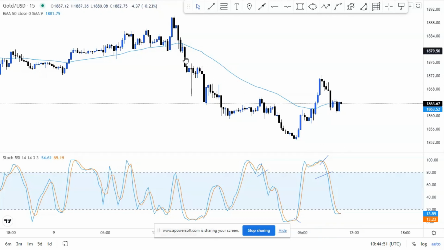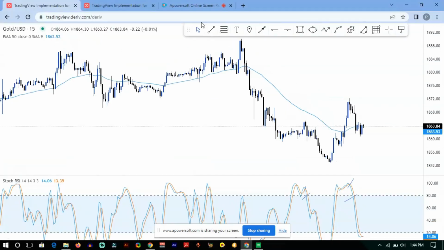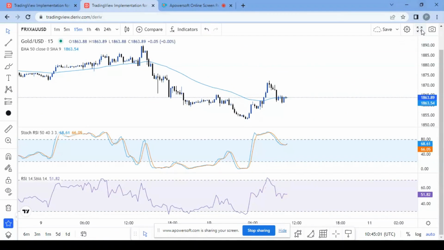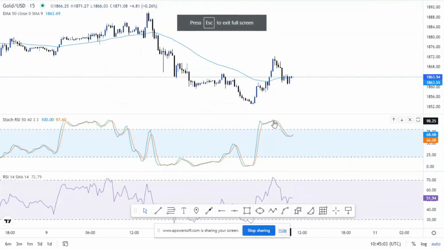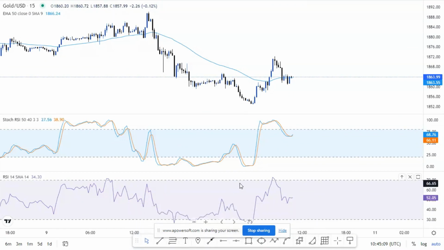But if you add on this 50 period exponential moving average, it really complements it. But really, for sure, I'll be honest to you guys, it's not my best. This is the modified one, like the one that I've shared on MT5.